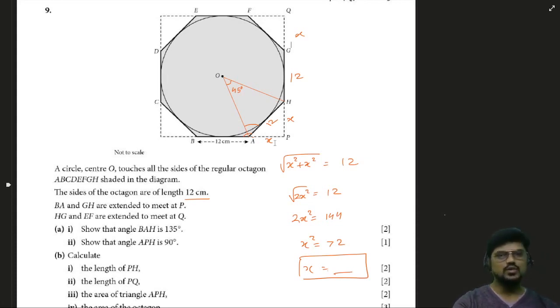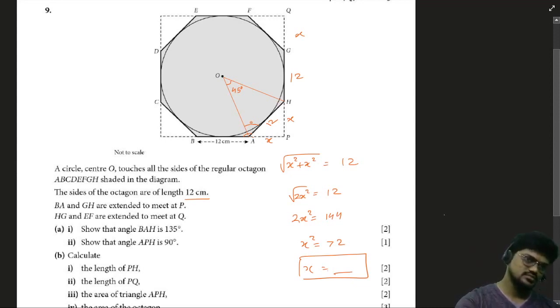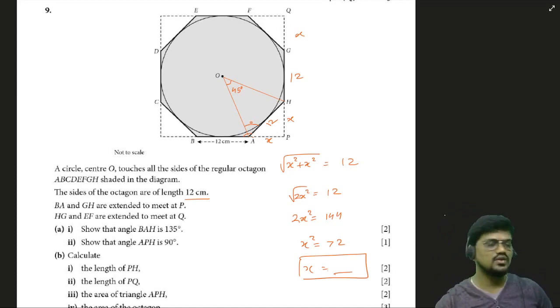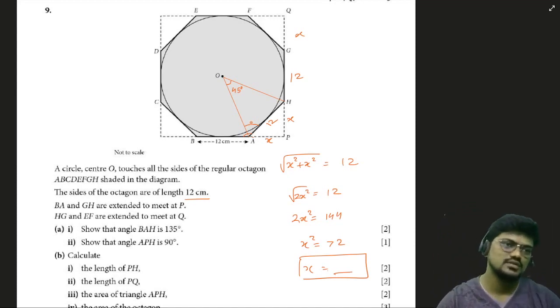Now, once you have the area of one triangle, can you find what this length will be? How will you find it? At least tell me now. If you have the area of one triangle, then how will you find the radius?